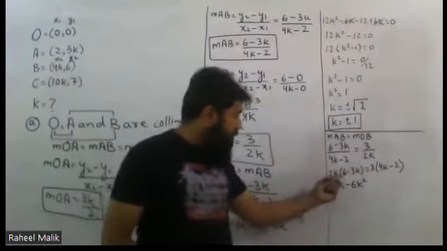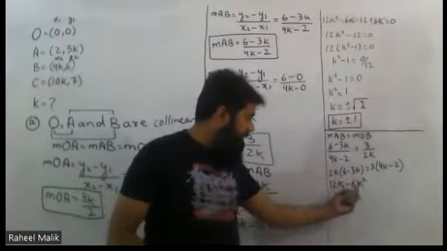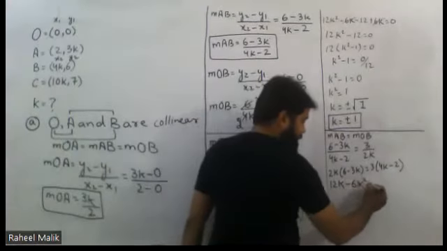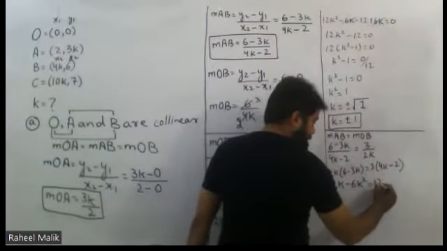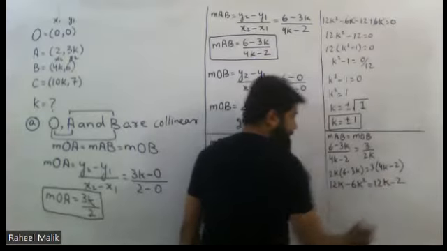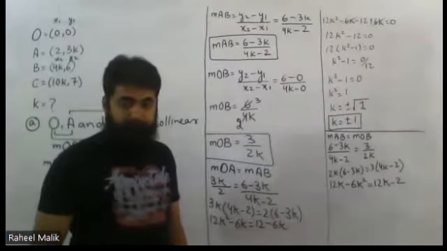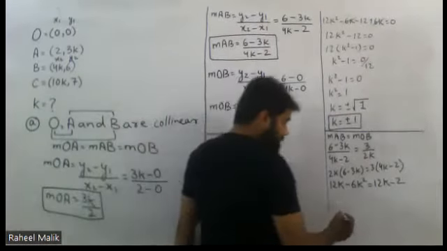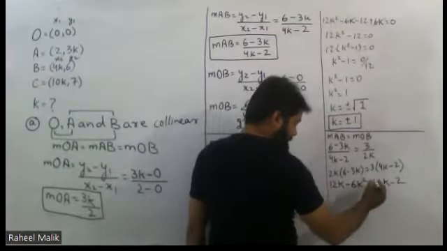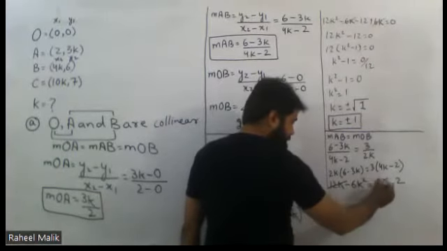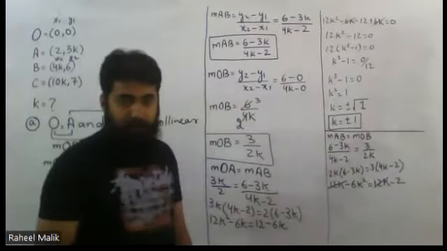Okay, 2 6s are 12k minus 6k square equals 12k minus 2, right?